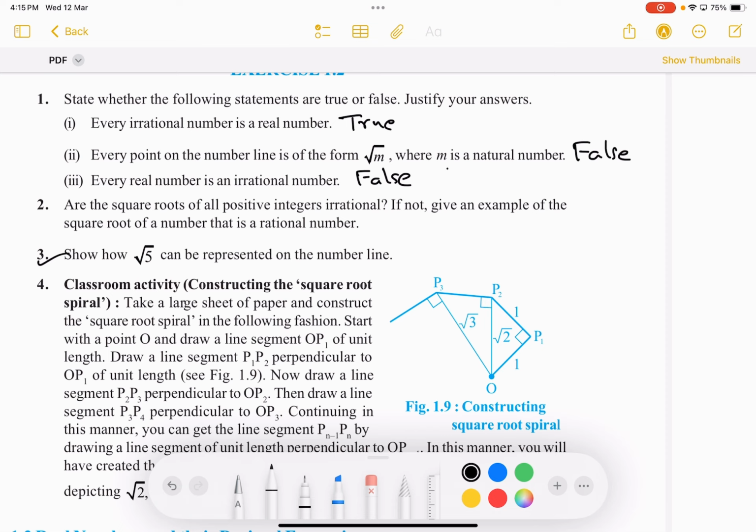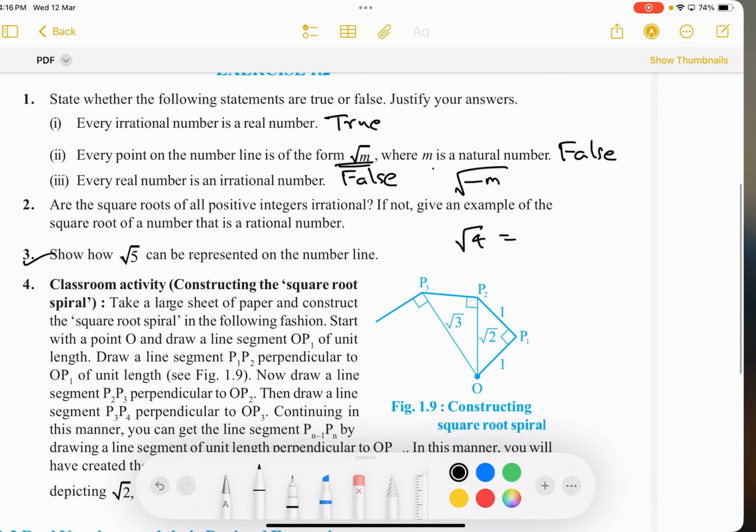Every square root of all positive integers irrational? No, because root 4 is not irrational. They are asking only about positive integers, and in the root m form you can't represent negative numbers, correct? That will become imaginary numbers. In the real number line, it will not come. So that is also another reason.